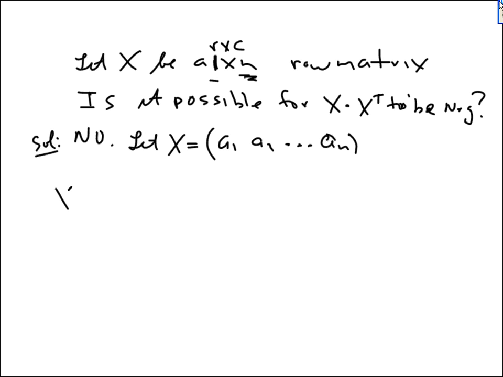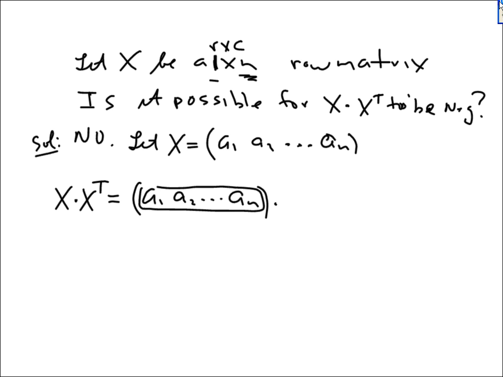So what will X times X transpose, X dotted with X transpose, be? Well, we know what X is: A1, A2, up to AN, dotted with the transpose. The first row I write as the first column, and that's it.